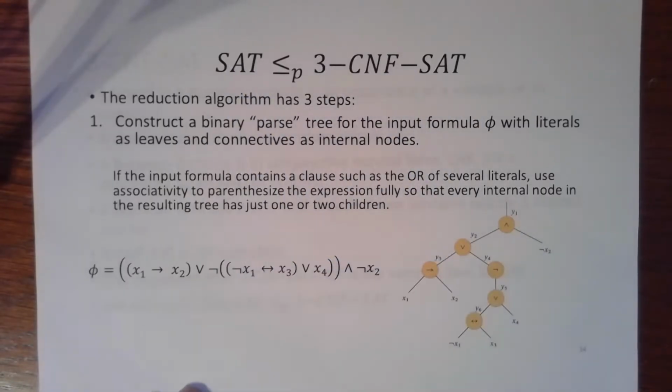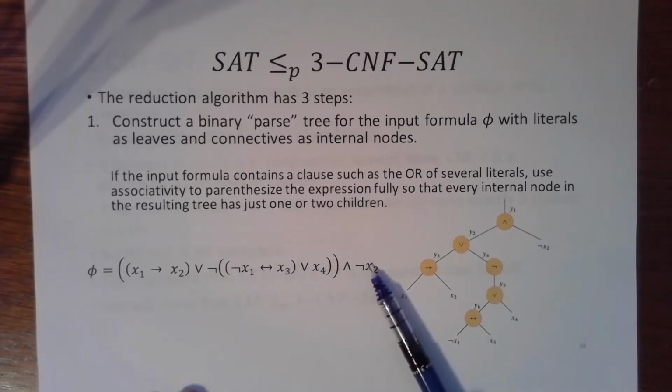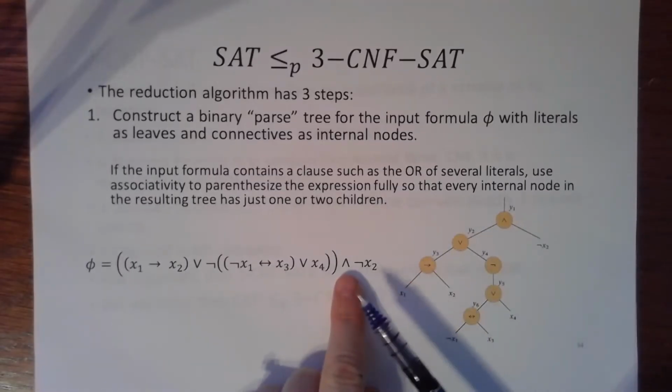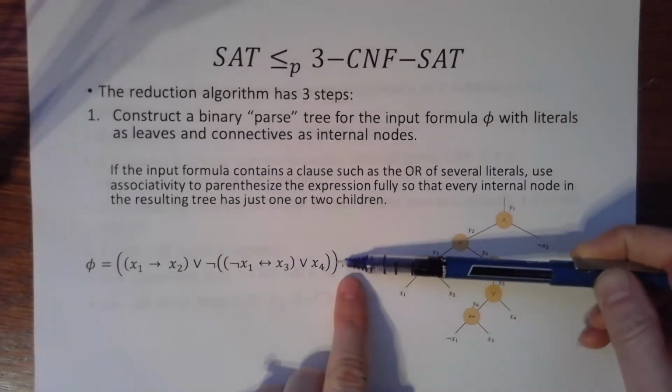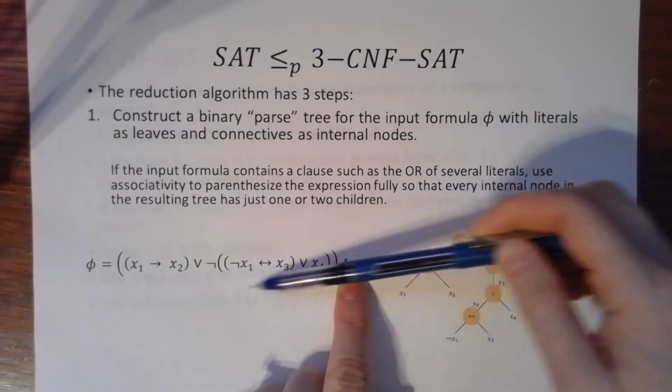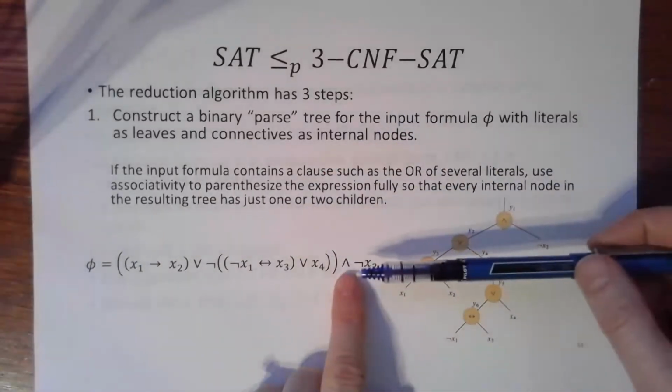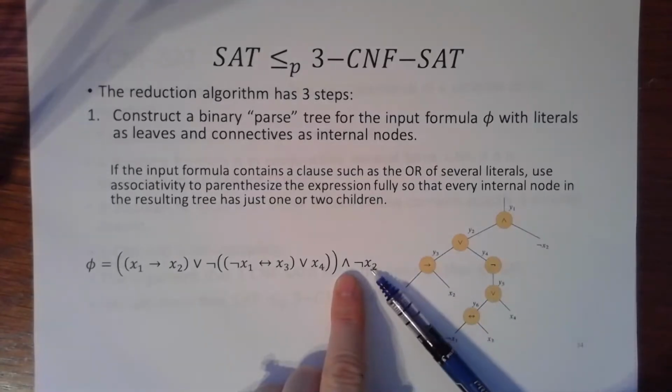This one doesn't even have to be in conjunctive normal form; it's just any formula. In terms of precedence, there's this expression in parentheses, and that's going to get ANDed with the result of this NOT gate.